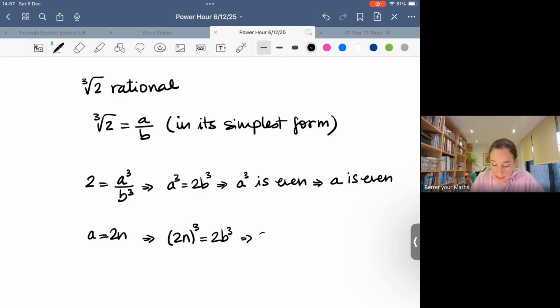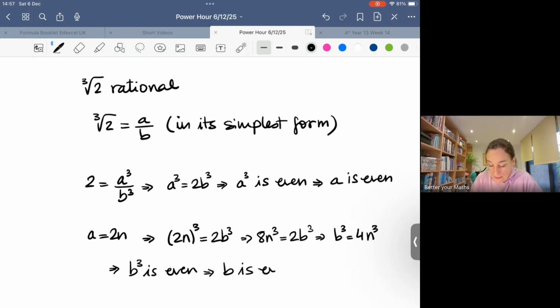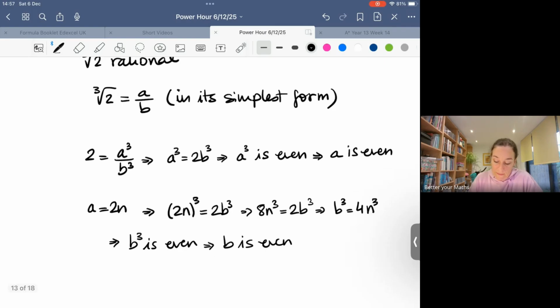So that means 8n cubed is 2b cubed. So that means that b cubed, I hope you see where we are going, is 4n cubed. That means what? b cubed is even, again. And because b cubed is even, b is even. What is the contradiction?